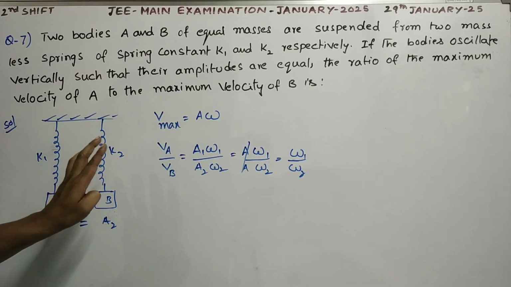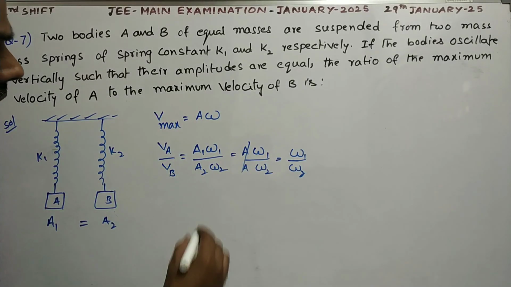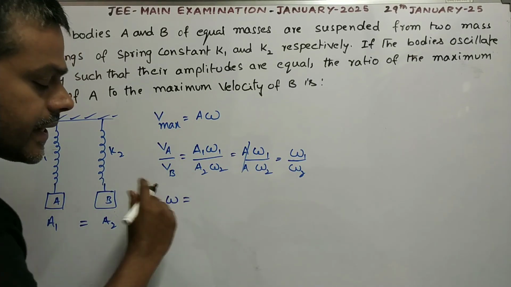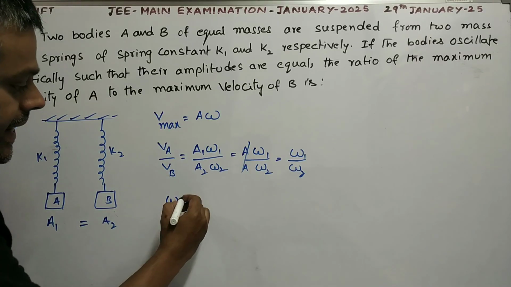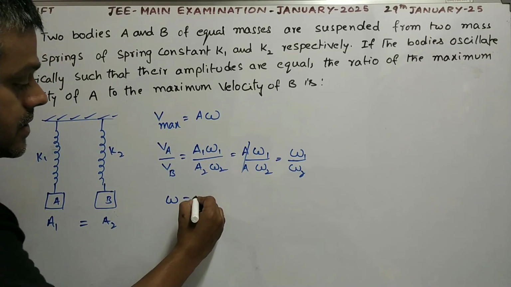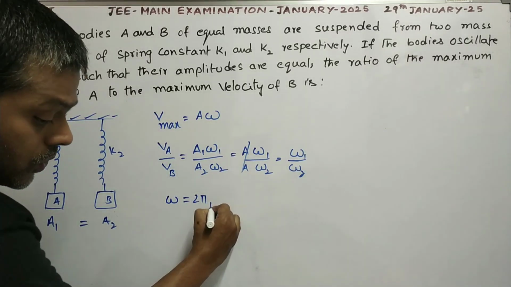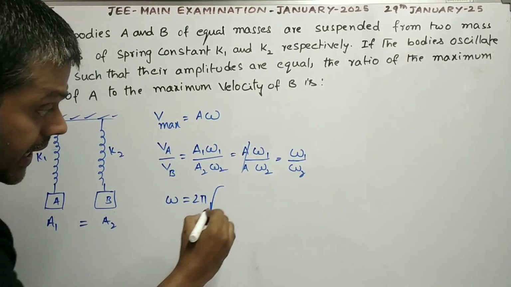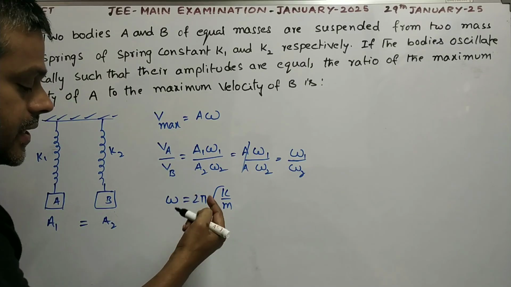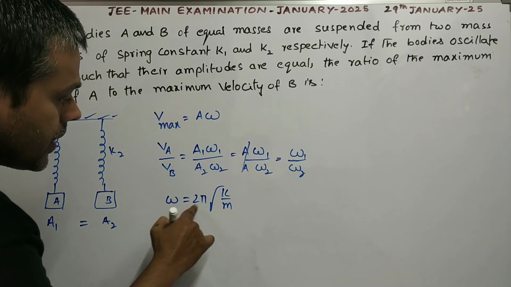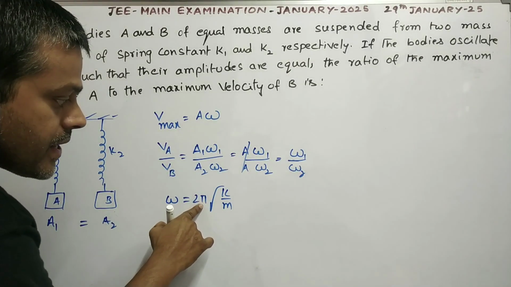Moreover, when a particle oscillates in simple harmonic motion, its angular velocity is equal to 2 pi into root over K by M. K by M, sorry. Yes, K by M. So here, mass is also same, 2 pi is also same.